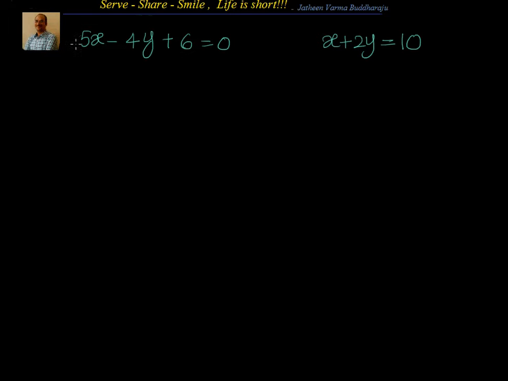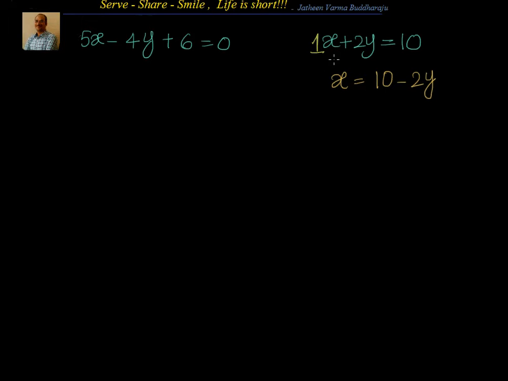Here the coefficient of x is 1 in this equation, so I will prefer this equation and express x is equal to 10 minus 2y. I always try to take the variable having coefficient 1, so that you will not end up with fractions and the problem can be solved easily.